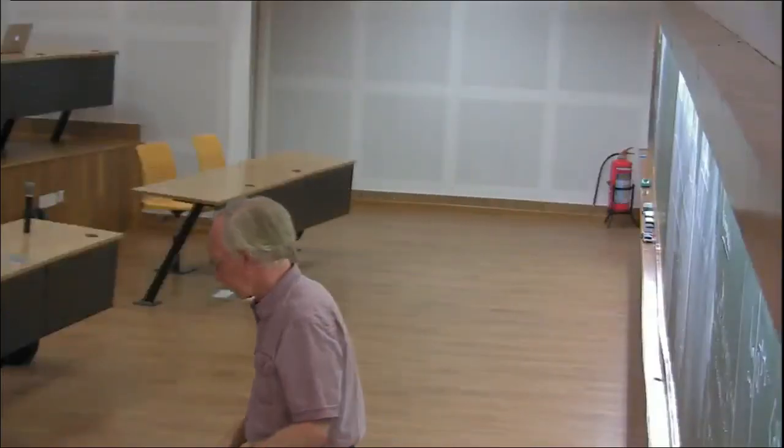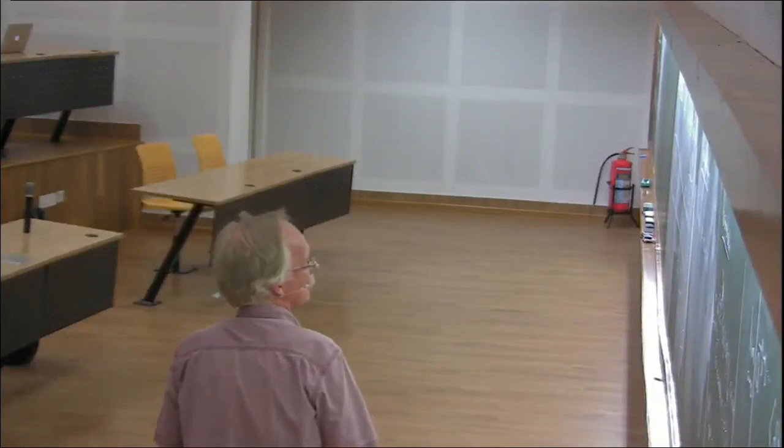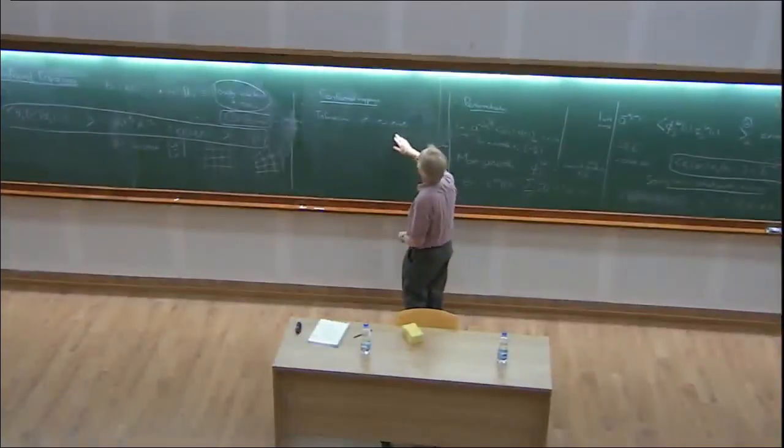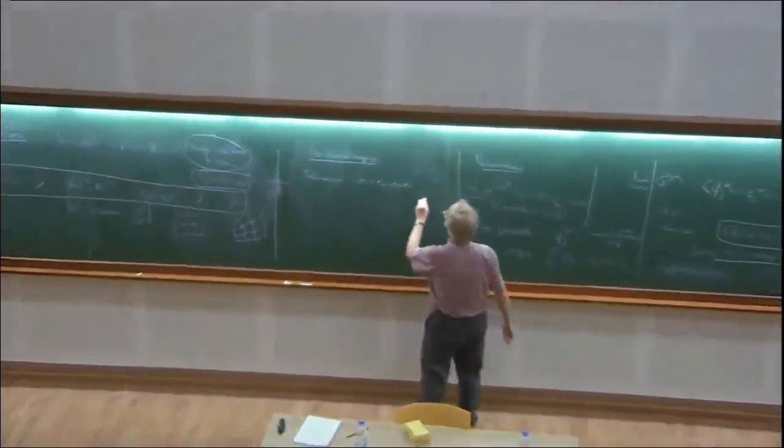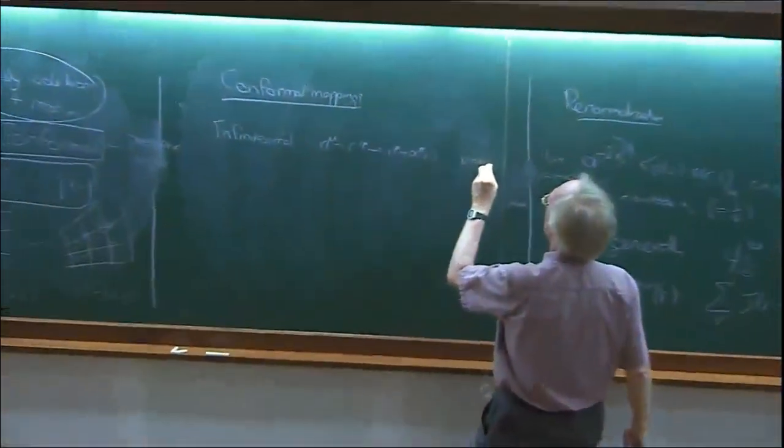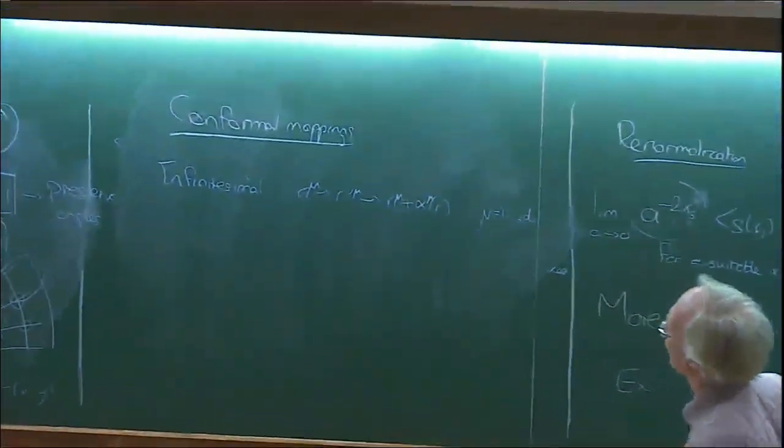Because as long as we're just using Euclidean coordinates, it doesn't matter whether we use upstairs notation or downstairs, but there will be a case where we are going to want to distinguish. So mu runs from 1 up to D.